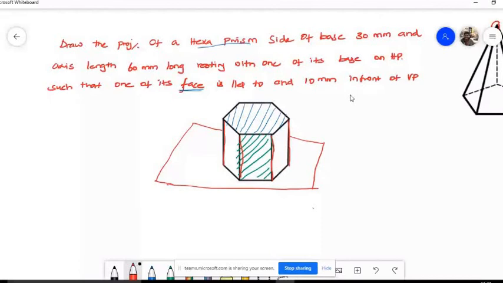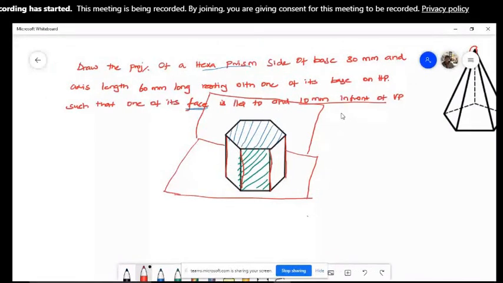No. So it is mentioned that it is 10 mm in front of VP. So that means one of its faces is parallel. So let's assume that this face is parallel to VP, and the distance between this face and VP is 10 mm. Okay.